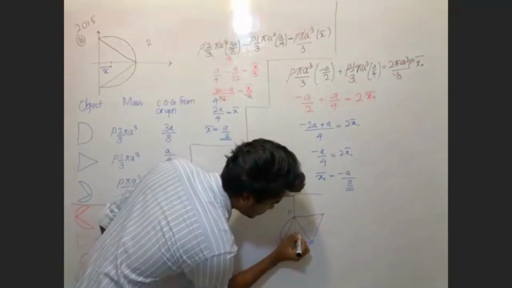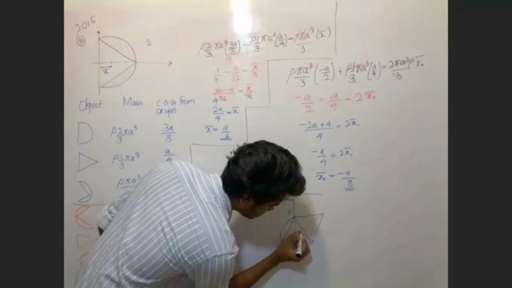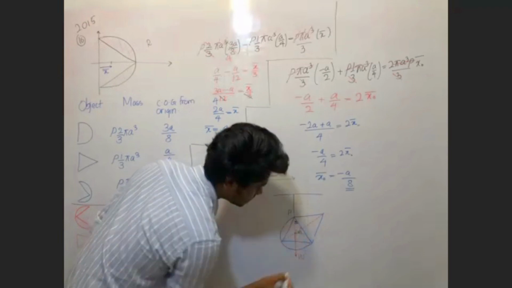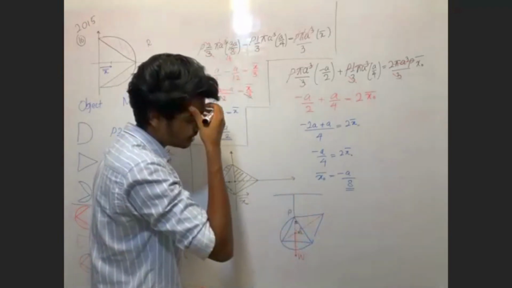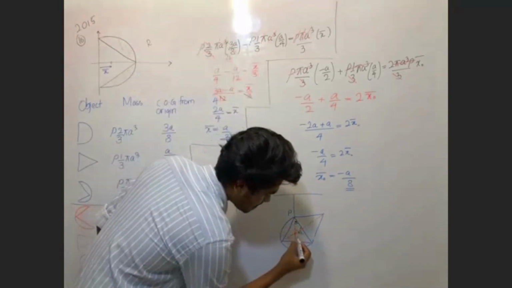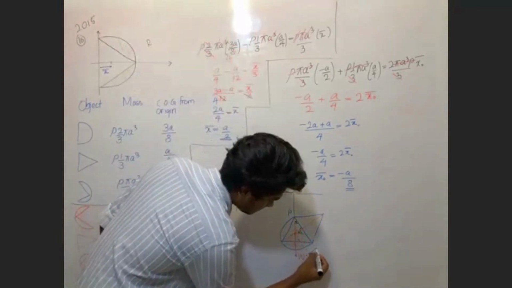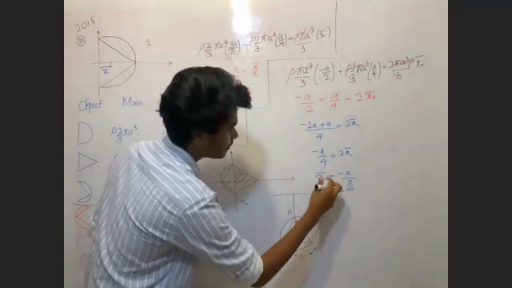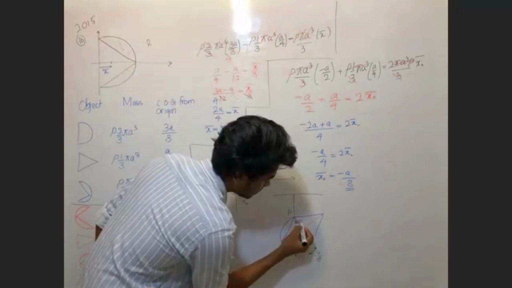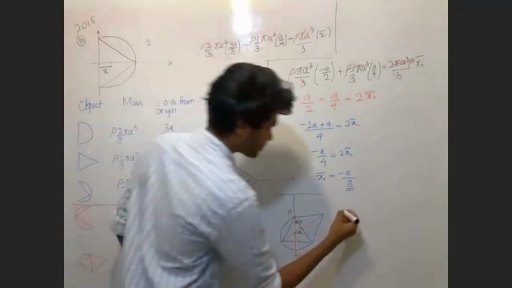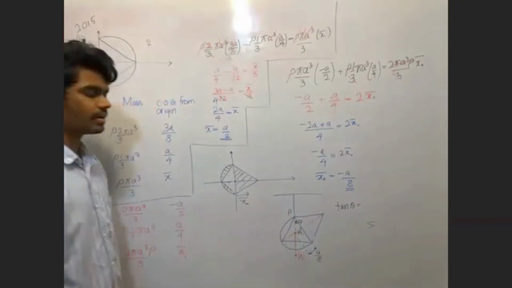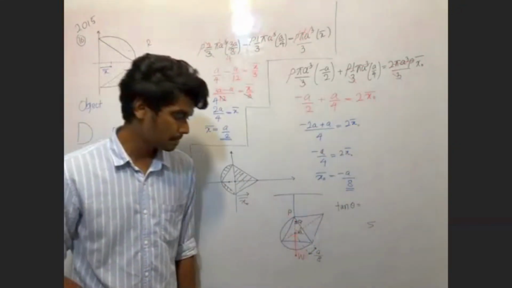Inclination of the axis of symmetry to the horizontal, they are asking this. This is theta. This is 90 minus theta. This is 90. This is theta, right? So what is this? This is the x bar, a over 8. Radius is a. So you can apply tan theta, right? You can apply tan theta and find theta.